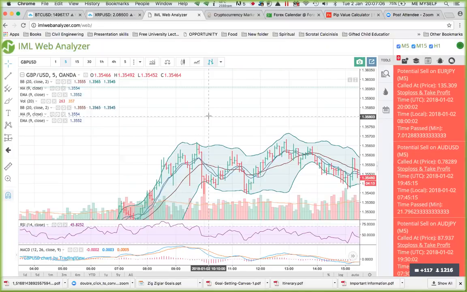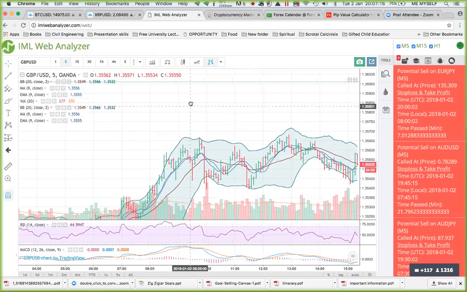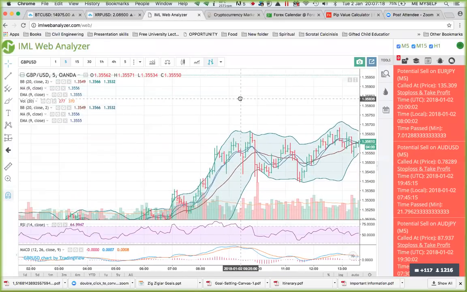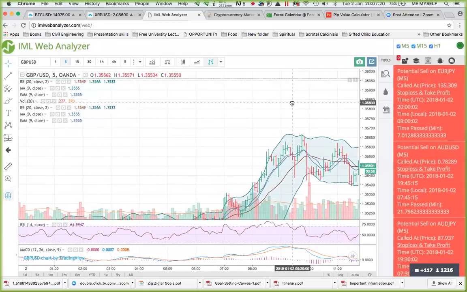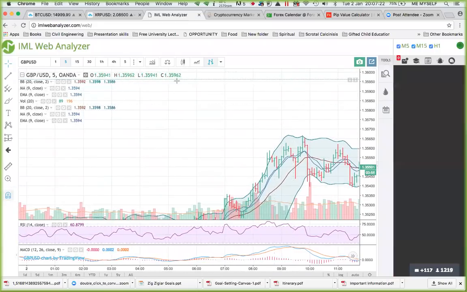At the moment, I'm not showing you what it means. I'm just showing you how you could actually use it once you get the knowledge, and you could use it with the web analyzer. So for this GBP USD pair, the price would have been like that this morning, okay?